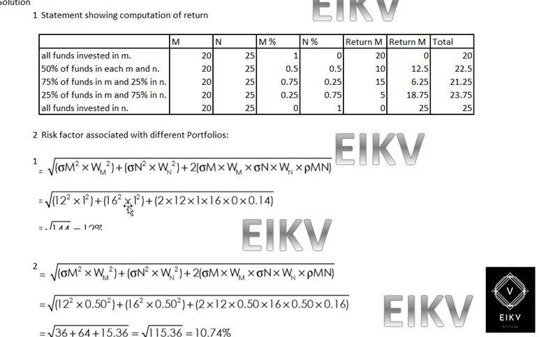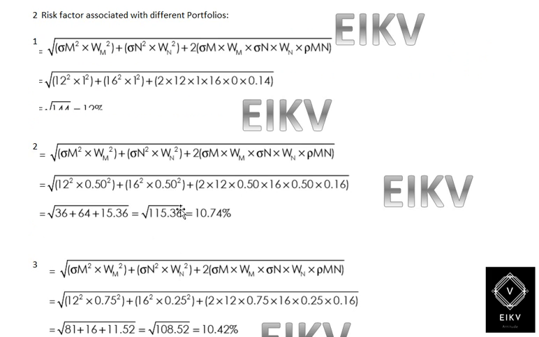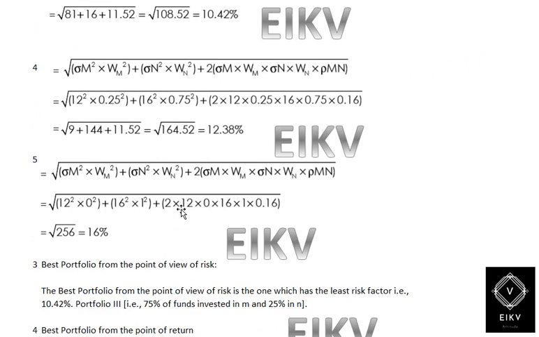Therefore it would be root of 12 squared into 1 squared plus 16 squared into 0 squared plus 2 into 12 into 1 into 16 into 0 into 0.16, which will be 144. That equals 12. And in the same way you need to compute the entire thing.